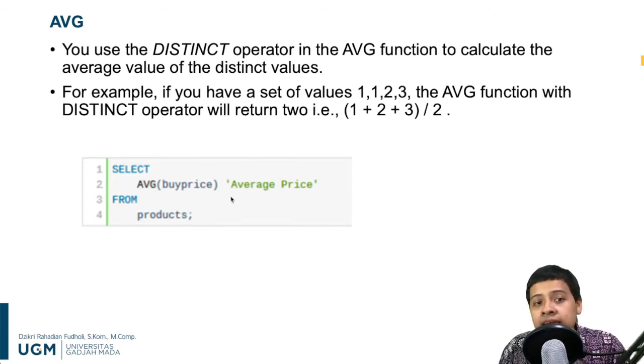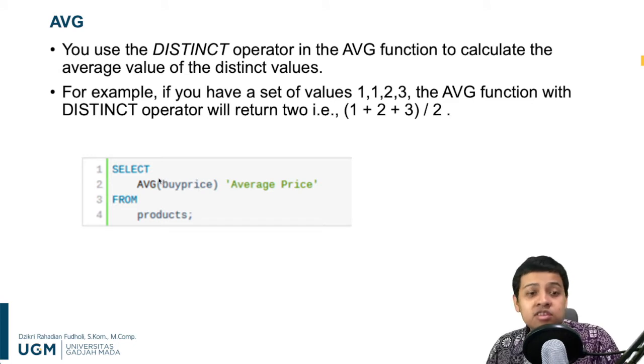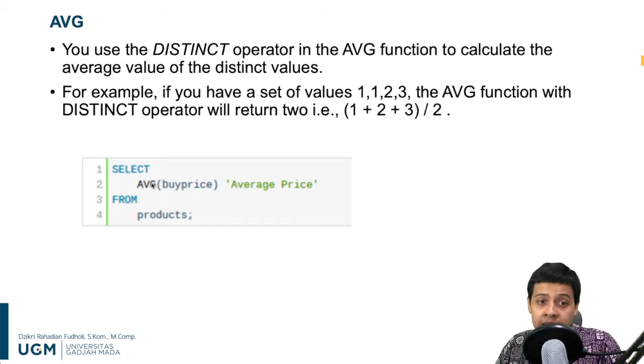So rather than giving you AVG as the column name of this aggregate function, this naming replaces the AVG column name with average price, like this one.